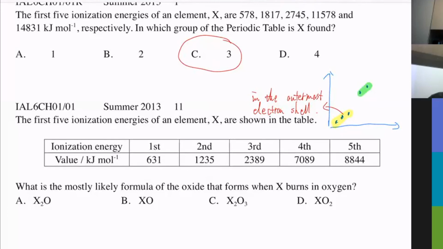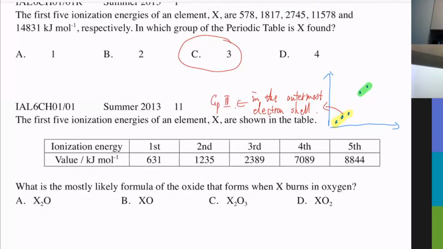Now, is everyone okay with this part? There are 3 electrons in the outermost electron shell. That means it's from group 3.